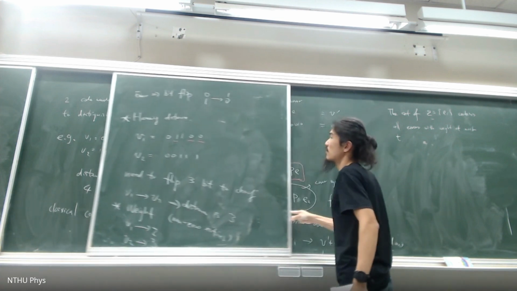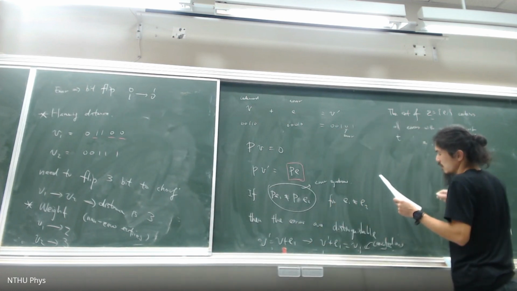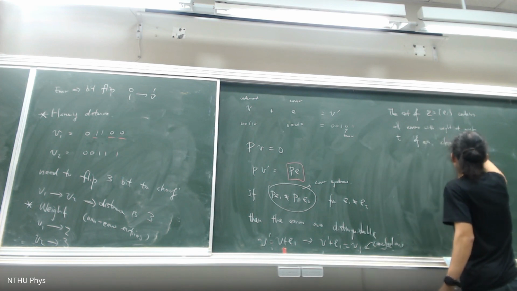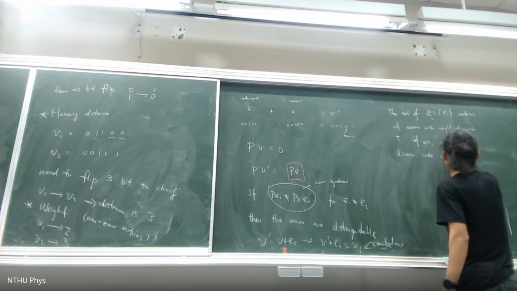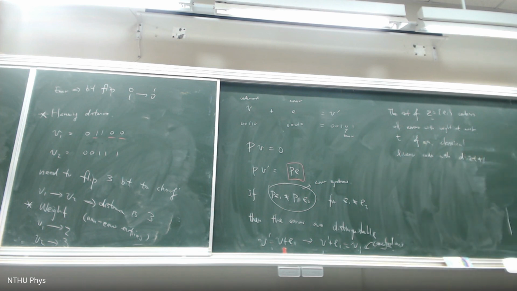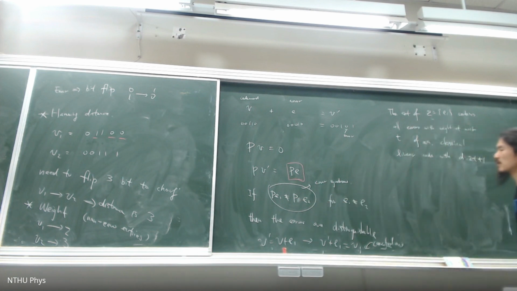So the distance of the code must be 2t plus 1. This is a statement that for errors with weight at most t, for a classical linear code with distance 2t plus 1, the errors must be distinguishable.